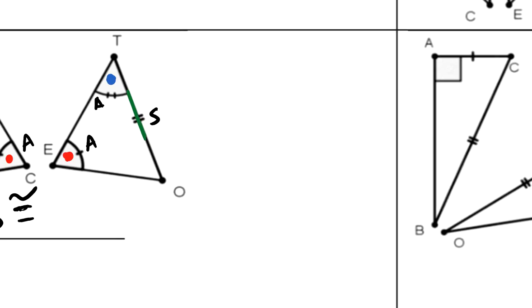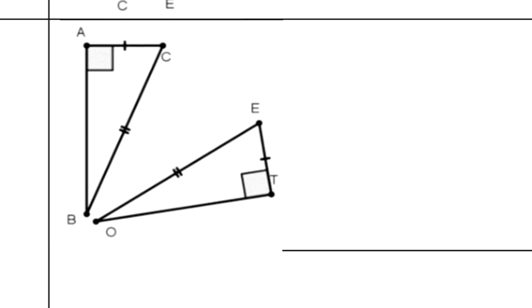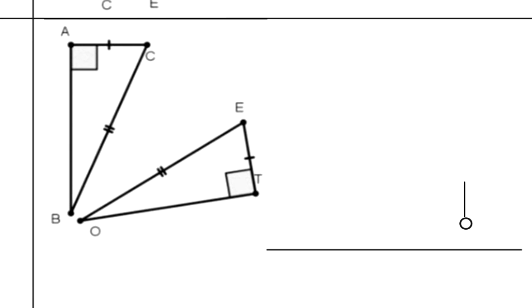And the final one that we have over here, first of all, we notice that they're both right triangles, and there are a couple things we could do. Because this leg is congruent to this leg, and this hypotenuse is congruent to this hypotenuse, I could use the Pythagorean theorem and say that in all cases, this other leg is going to equal this other leg. I'm just looking at the general pattern here.